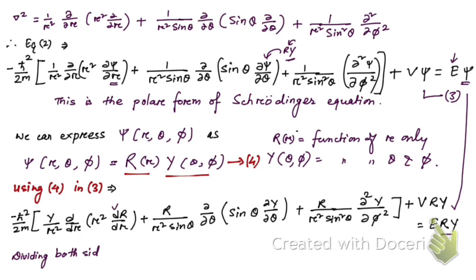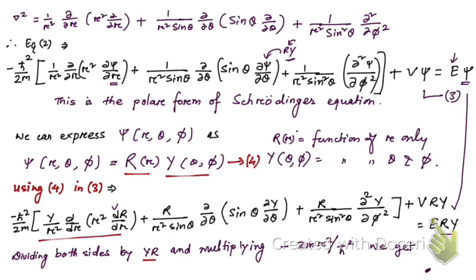So now let us divide both sides by yr or ry, and then multiply this term. So doing so, if we divide this term by y and r, y will be cancelled, so we're gonna end up getting 1 by r here, right?